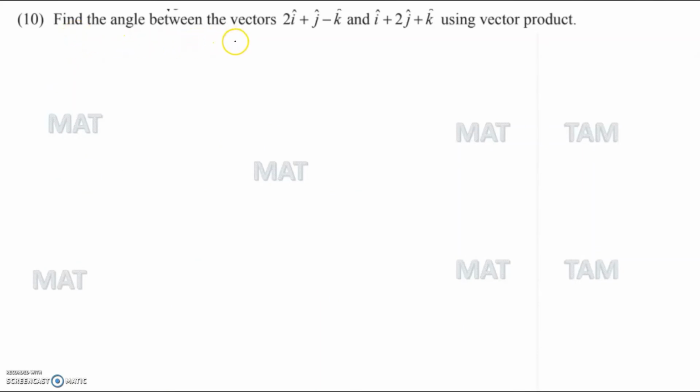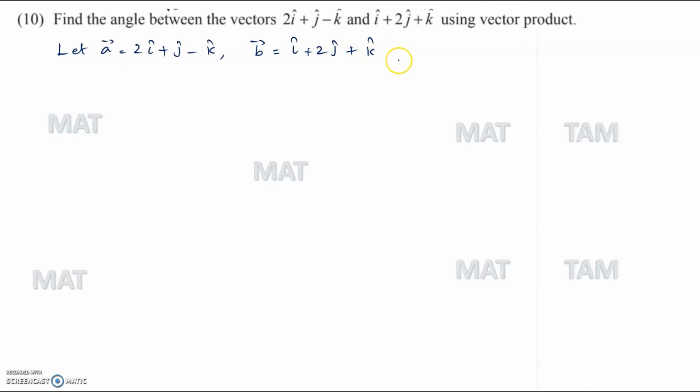Find the angle between the vectors 2i cap plus j cap minus k cap and i cap plus 2j cap plus k cap using vector product. So let us define vector A equal to 2i cap plus j cap minus k cap and vector B equal to i cap plus 2j cap plus k cap.